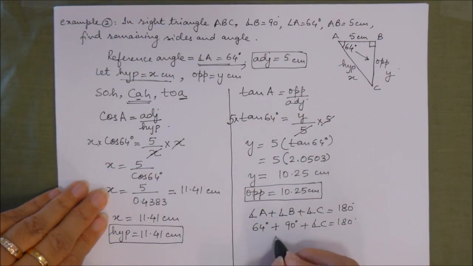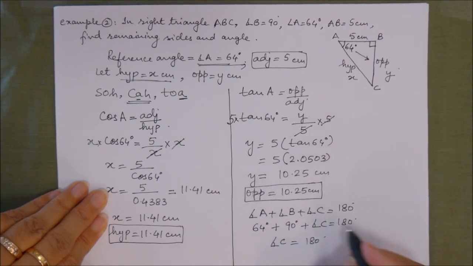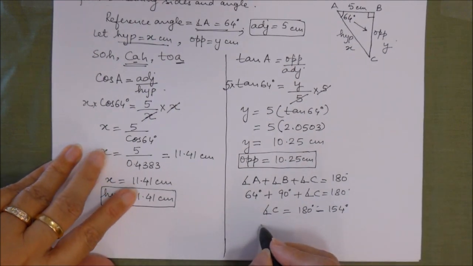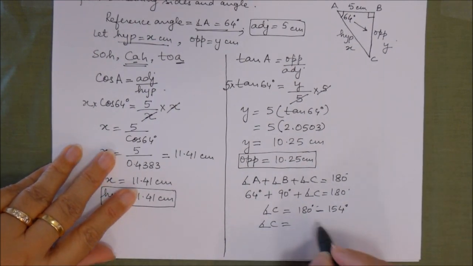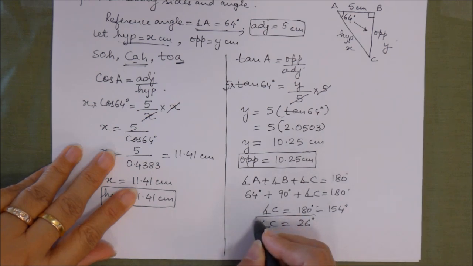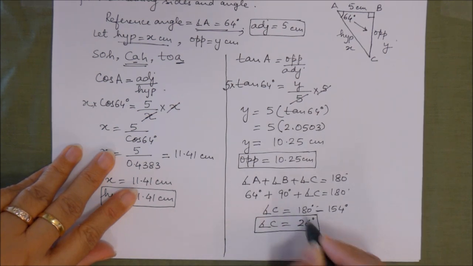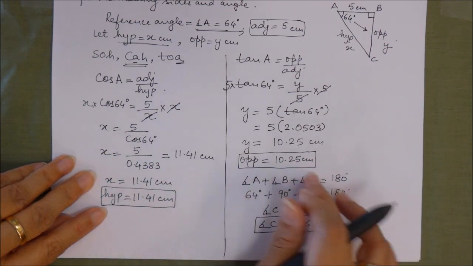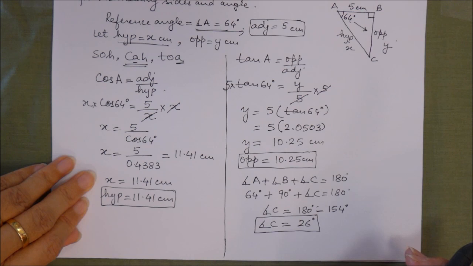So the sum of 64 and 90 is 154. So it is 180 minus 154. So angle C from here is 26 degrees.